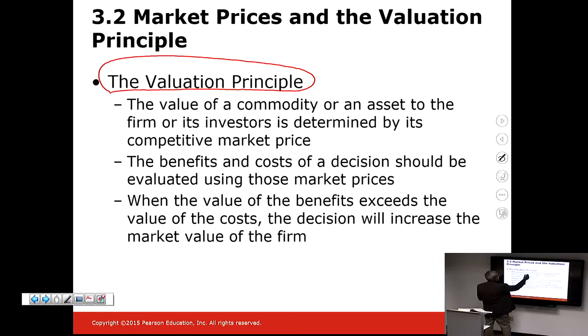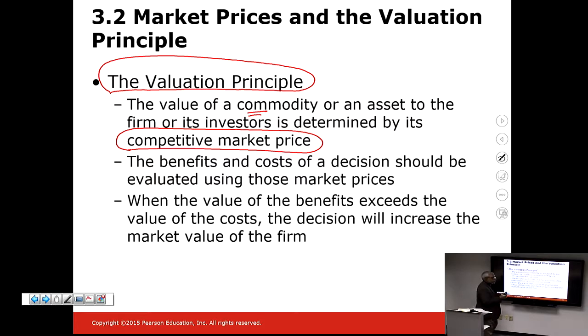Number one, the value of a commodity or an asset is determined by competitive market pricing. That means in an open market where assets are being bought and sold, the intersection of the supply curve and the demand curve creates for us the fair value or the market value of the asset.